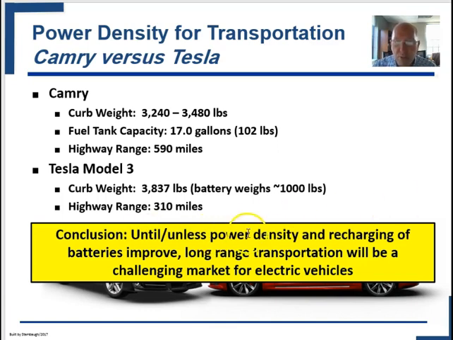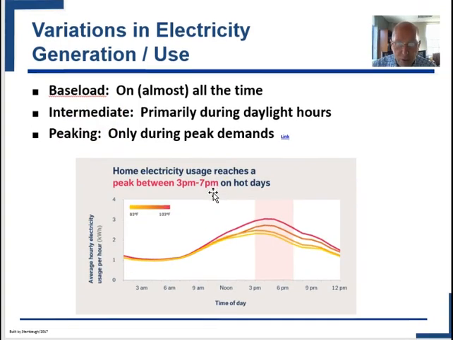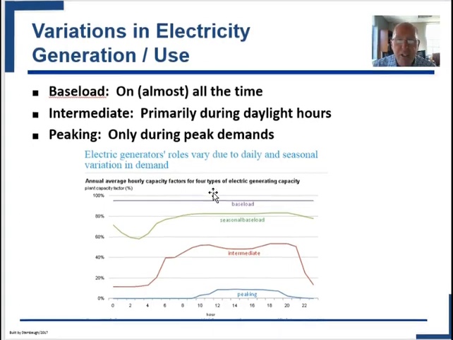One is the issue of power density, and remember how we illustrated that in our discussion of the Tesla versus the Camry. I want you to be familiar with baseload, intermediate, and peaking, and I also want you to know what types of generation sources tend to be usable for those concepts.